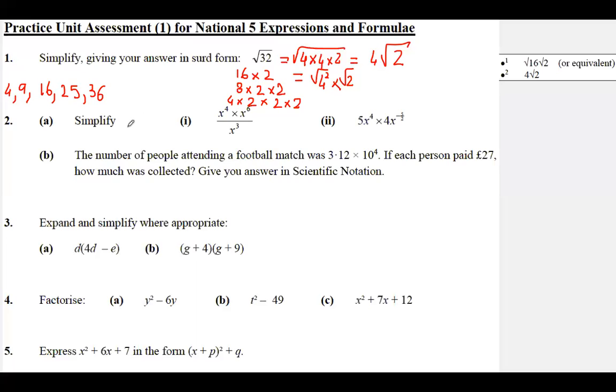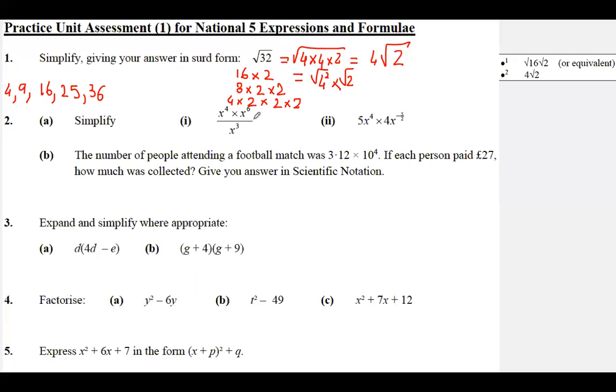Okay, so the second question we've got is manipulating indices. The rule of indices tells us that if you have a base with an index times another of the same base with an index, you can just add those numbers together when you times them, but when you divide them, you take them away.